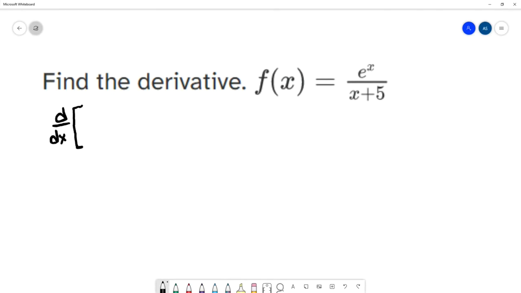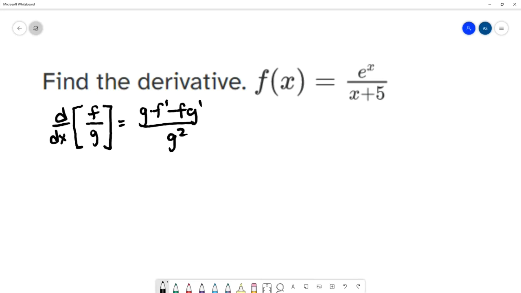The pattern that we follow is for calculating the derivative of a fraction, f over g. And we're going to do g times f prime minus f times g prime over g squared.